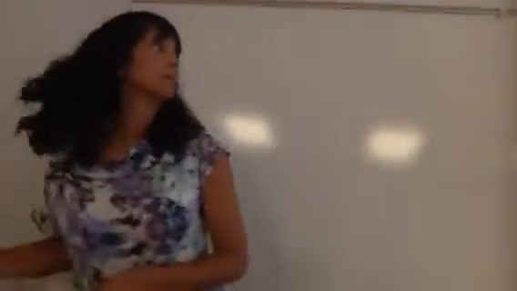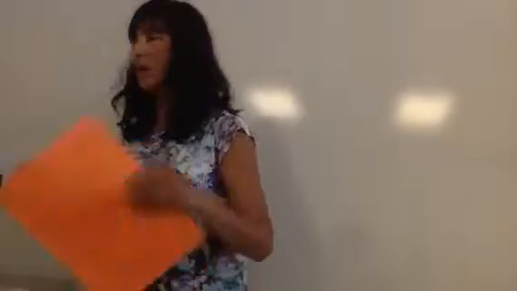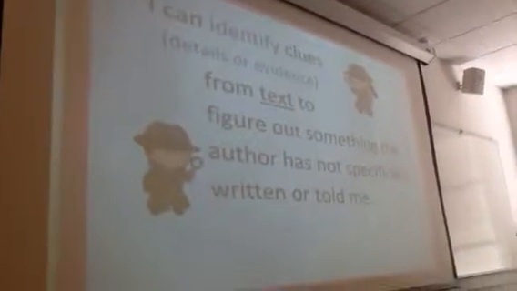So we're going to continue to practice. And one of the ways we've been doing this is making frames. This is what we're going to glue into our journals. But before we do that, I want us to go back.